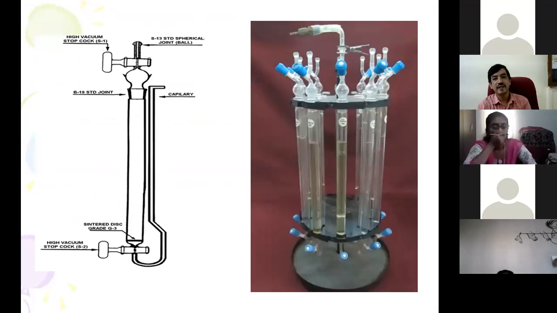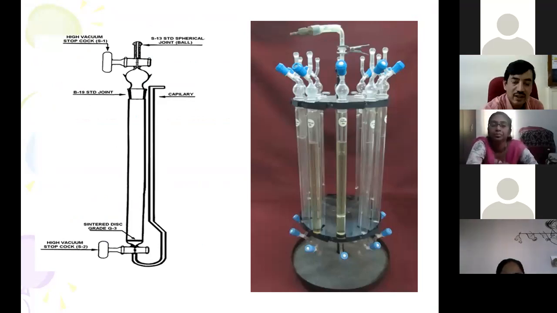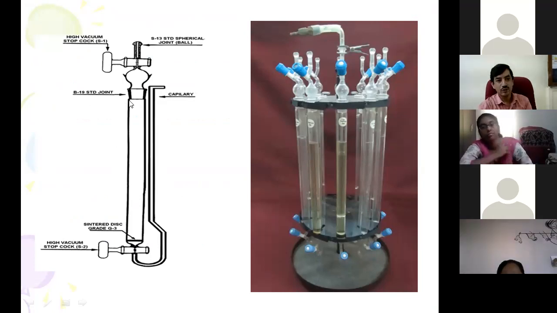This is the schematic diagram and the actual photographs of radon bubblers used for the radon studies. Left side is the schematic diagram. This radon bubbler is made of glass tubes. In the main tube, water sample is filled.